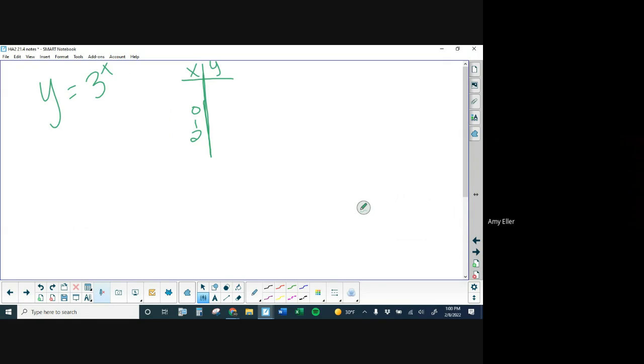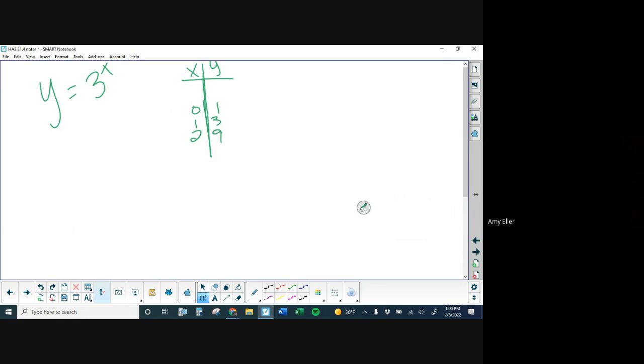See if you can fill in those 3 numbers on your own. Three to the 0. What's anything to the 0 power? 1. 3 to the first is 3, and 3 to the second is 9.